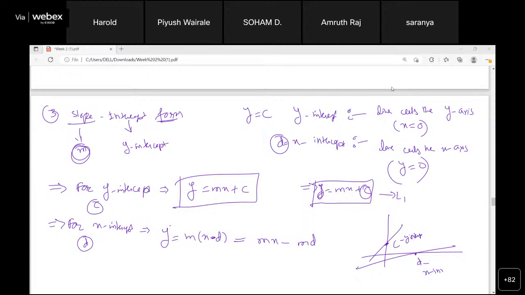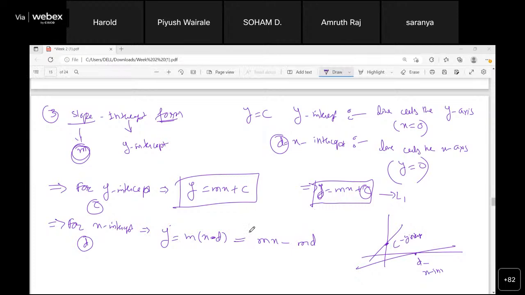For this line mx minus md, how do you find the y-intercept? If I compare, here it is y equals m(x minus d), the x-intercept form. But if I open this bracket, mx minus md, and compare with y equals mx plus c, my c will be minus md.